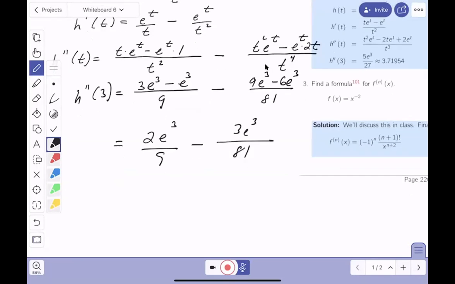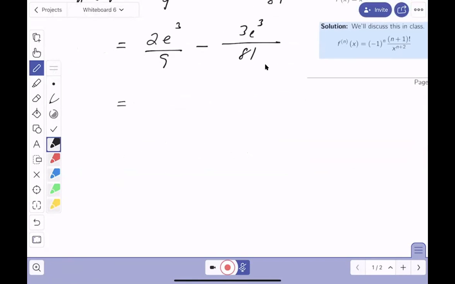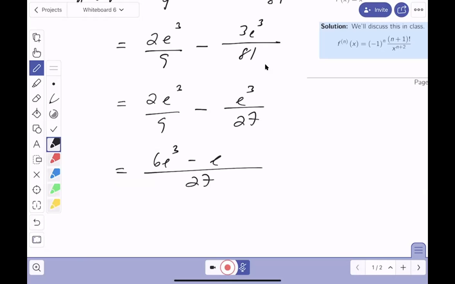Over 81. I'm going to reduce and I'll add them together. 2e cubed over 9 minus e cubed over 27. Common number is 27. You're going to get 6e cubed minus e cubed, which is 5e cubed over 27.